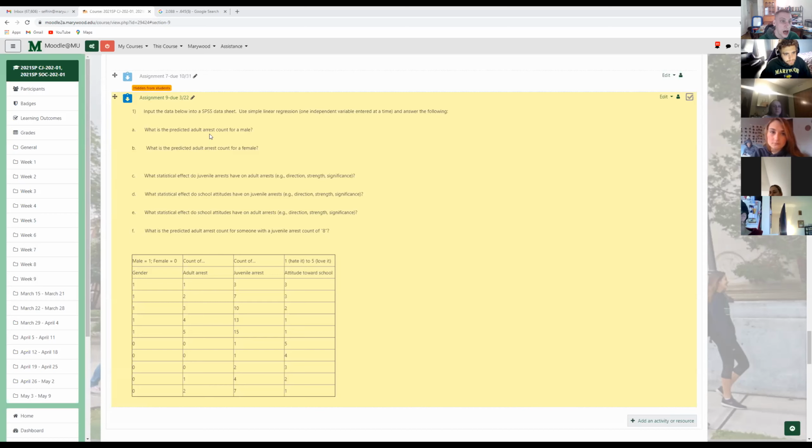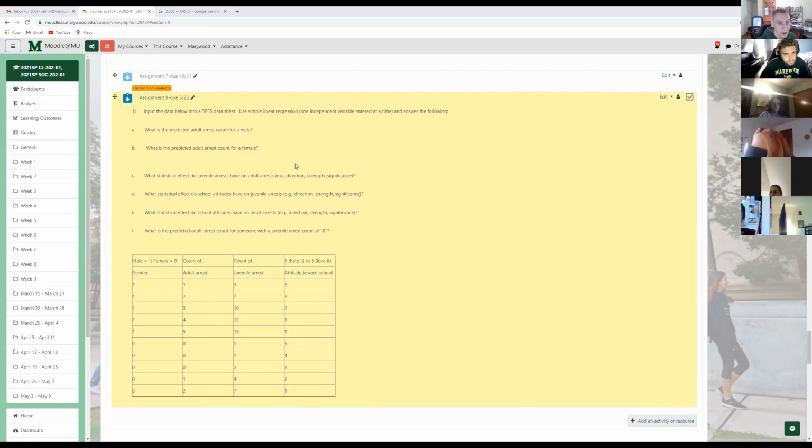So the first one would be a regression looking at the number of adult arrests as the dependent variable, and the independent variable would be gender. And so you're looking at the effect of gender on the number of predicted adult arrests. That would just be a simple linear regression where you've got one independent variable, gender, predicting the number of adult arrests.